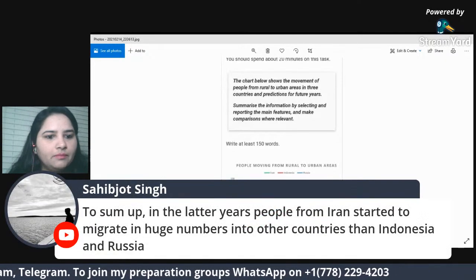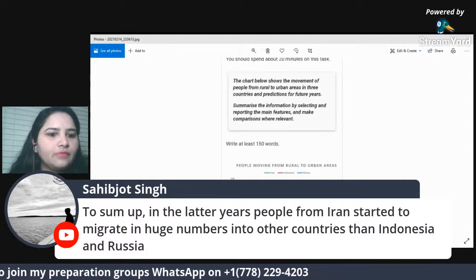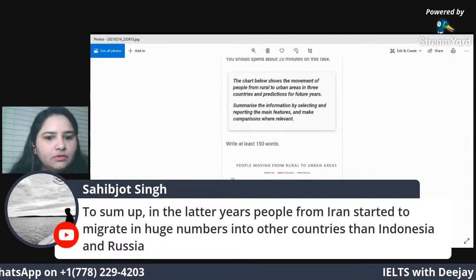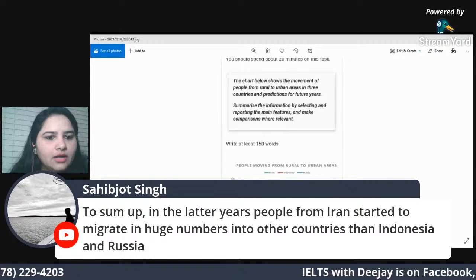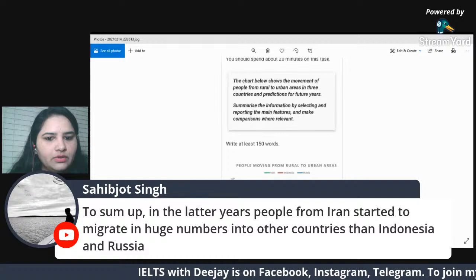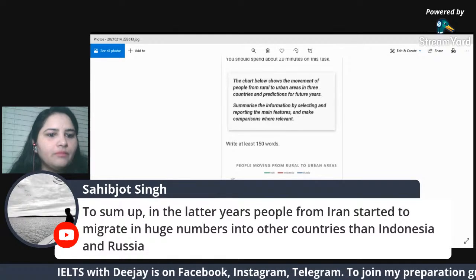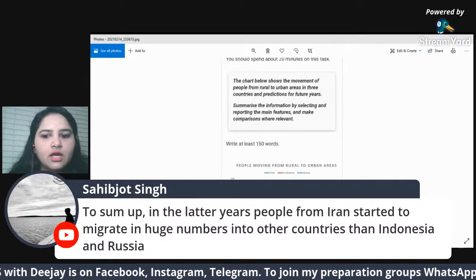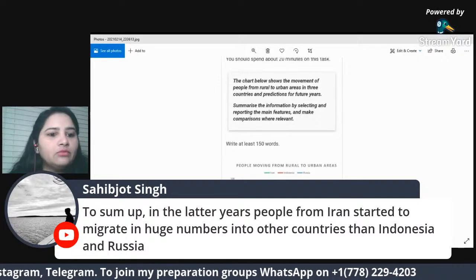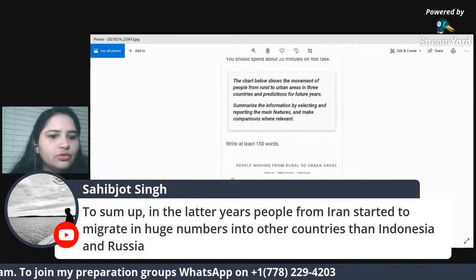Next is to sum up. It's not to sum up, it's the overview. You can simply write it: in the later years, people from Iran started to migrate in huge numbers into other countries than Indonesia and Russia. Okay, the overview can be this. In overview, do not write numbers, do not write percentages, write the most significant thing that you were able to notice.